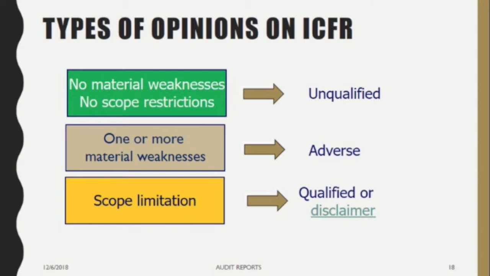So that's why you can have an adverse opinion on internal controls, but a clean opinion on financial statements. So if there's one or more material weaknesses, the auditor would issue an adverse opinion. And if there is a scope limitation, they would issue a qualified opinion, except for, or a disclaimer of opinion, saying they're unable to provide an opinion.